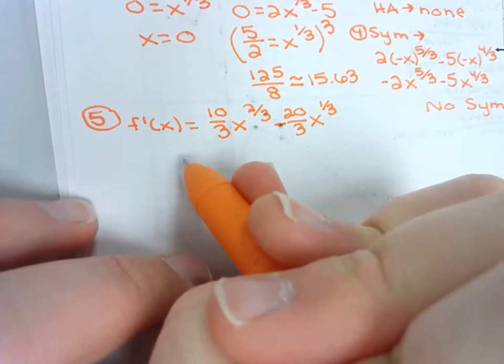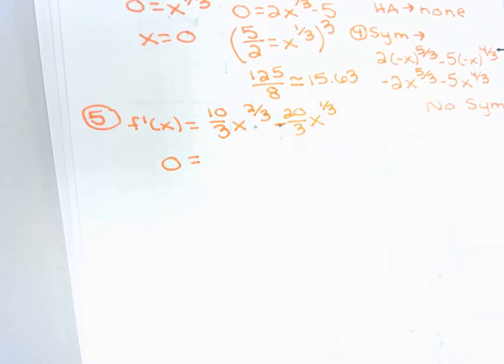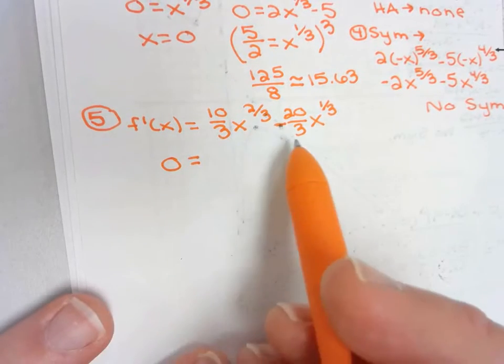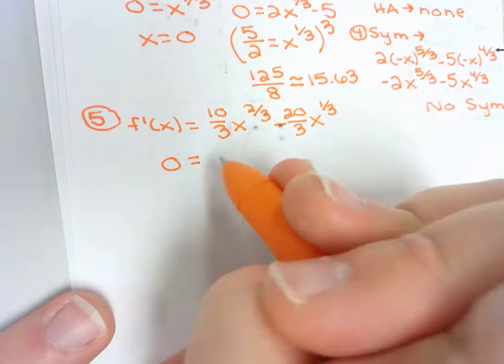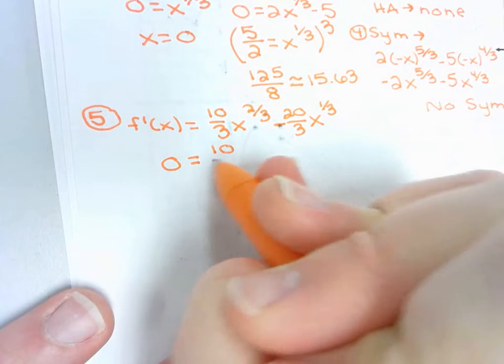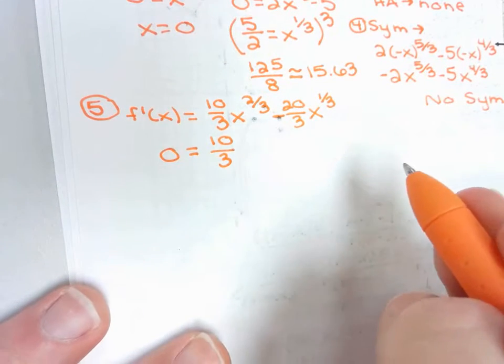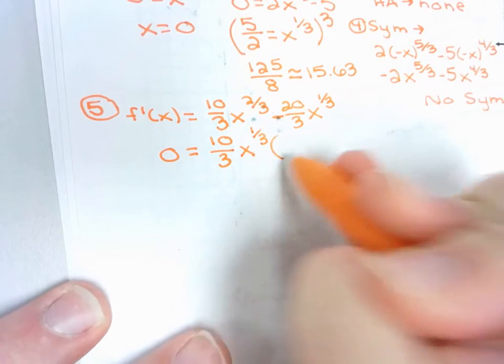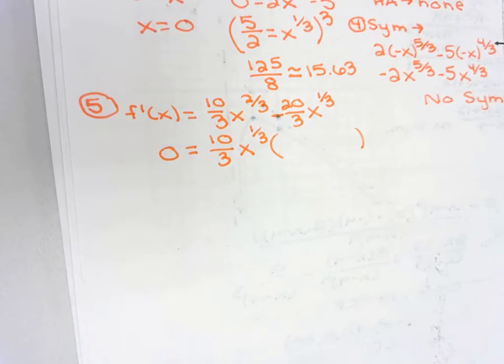Okay, let's go ahead and simplify this as I think about setting it equal to 0, kind of like we did similar. What do I want to do first? Yeah, look at your coefficients. What can I factor out of the coefficients? 10/3. That'll actually factor out too. 10/3 x to the 1/3. Factor it out like we did earlier, because then you can take each part and set it equal to 0.